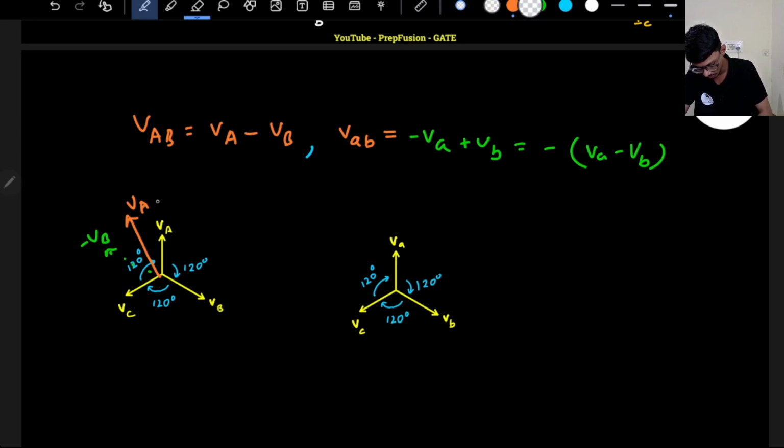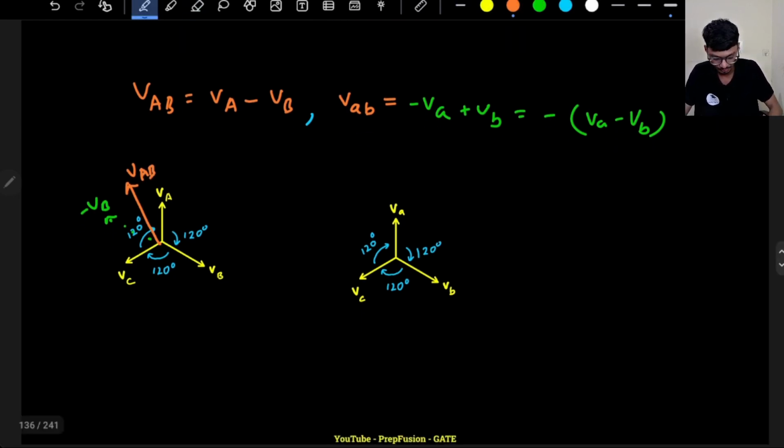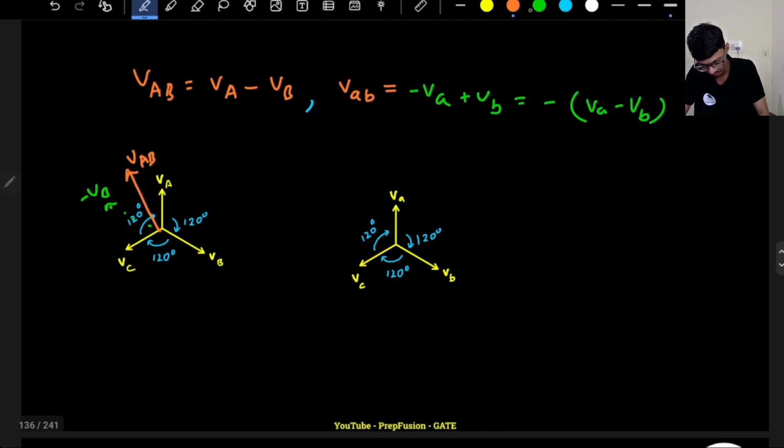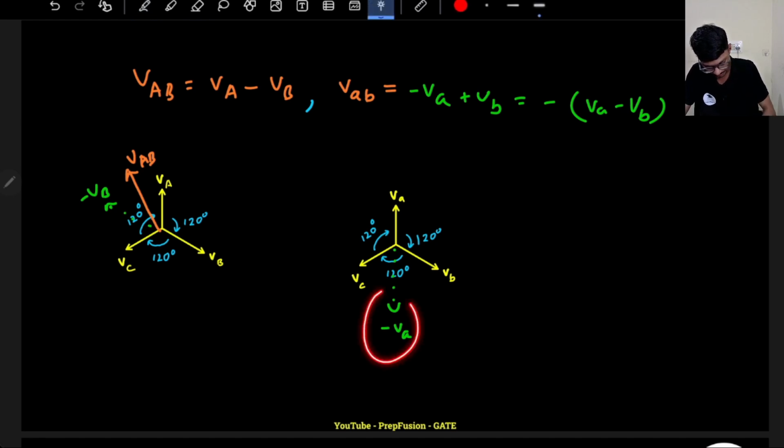What about small VAB? It is plus VB minus of VA. So this will be minus of VA, and minus of VA, VB, right?